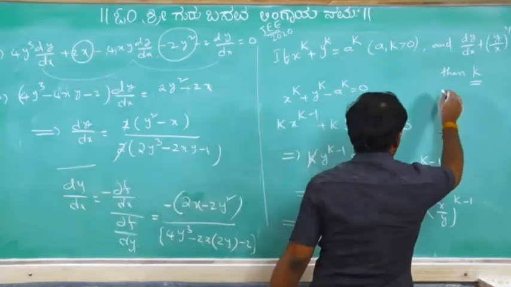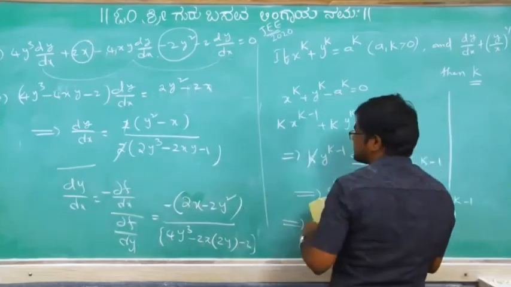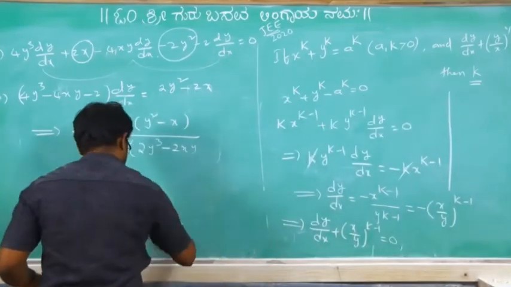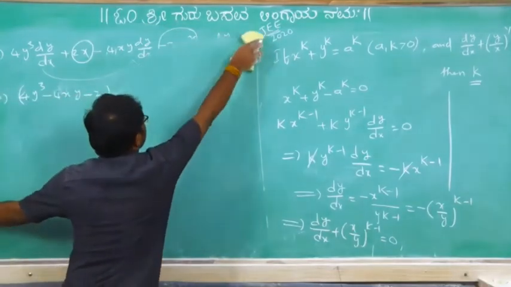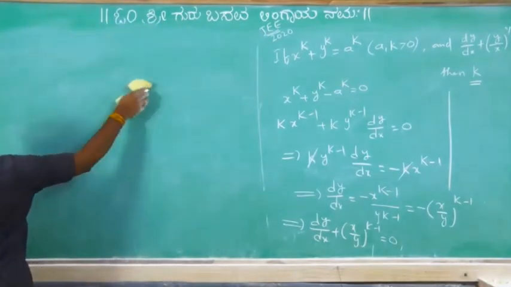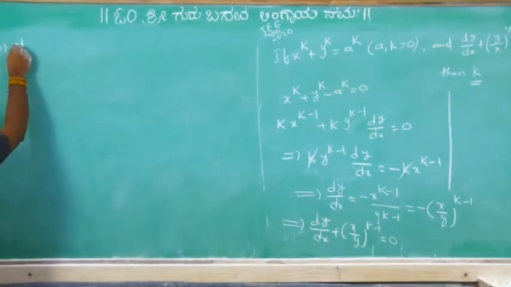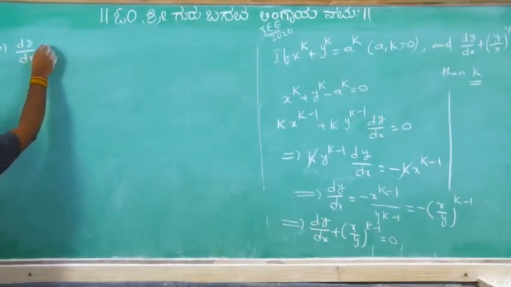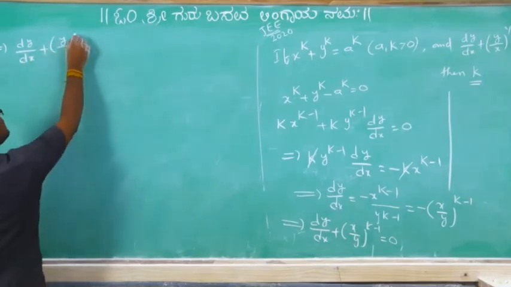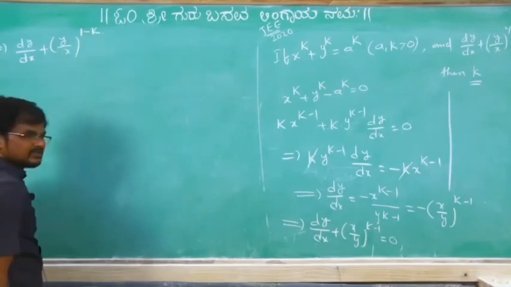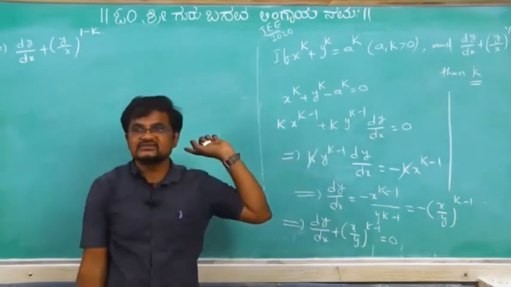Now I will write here: that implies dy by dx plus y by x, if you write here, what you will get? 1 minus k. Listen, x by y whole to the power of k minus 1, but the given condition is y by x.